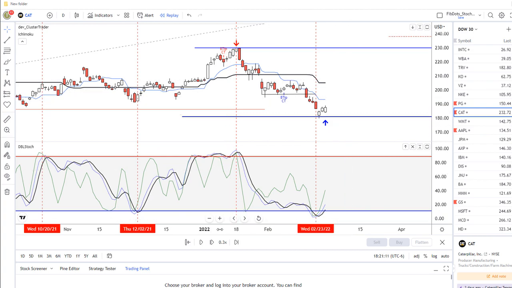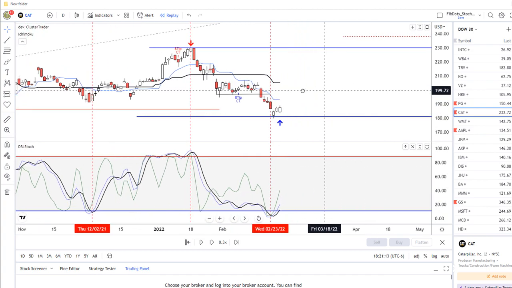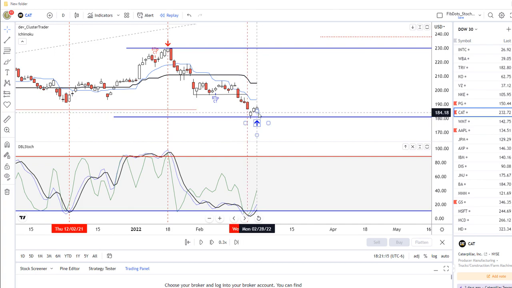All right, now let me take this out. Well, here's what we'll do. I have an expectation that the price is going to move from here back up to here. If we get back up to here, we're going to look for a sell signal. If we get a sell up here, I'm going to expect price to move back down to here. If we get back down to here, I'm going to look for a buy signal. I'll expect price to move back up to here.